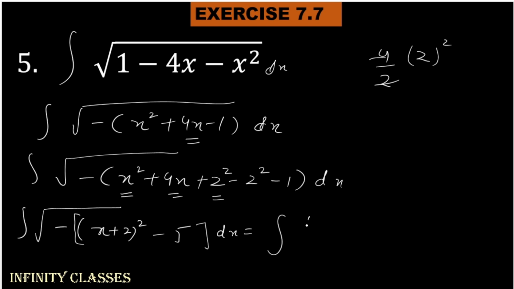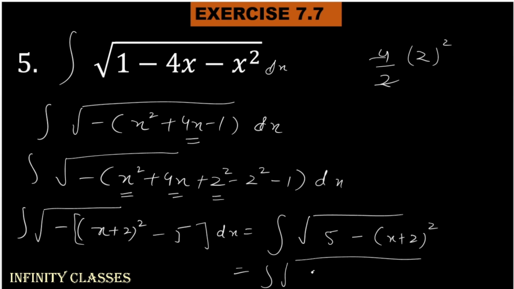So integration of 5 minus x plus 2 whole square. Now this we can write as root of 5 square minus x plus 2 whole square dx.